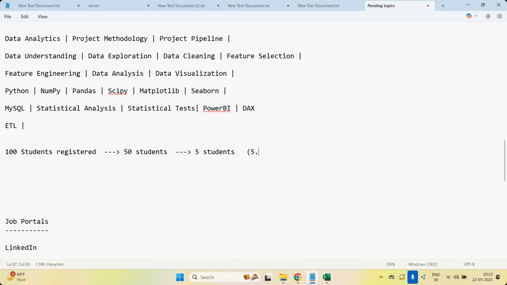Percentage wise, 5 out of 100 means how many people are ready? 5%. 5% of the people have the knowledge and are ready for real world problems. The remaining people feel they know everything, that if you give them a job, they can do something. That is their inner feeling. But the actual thing is they can't do anything.